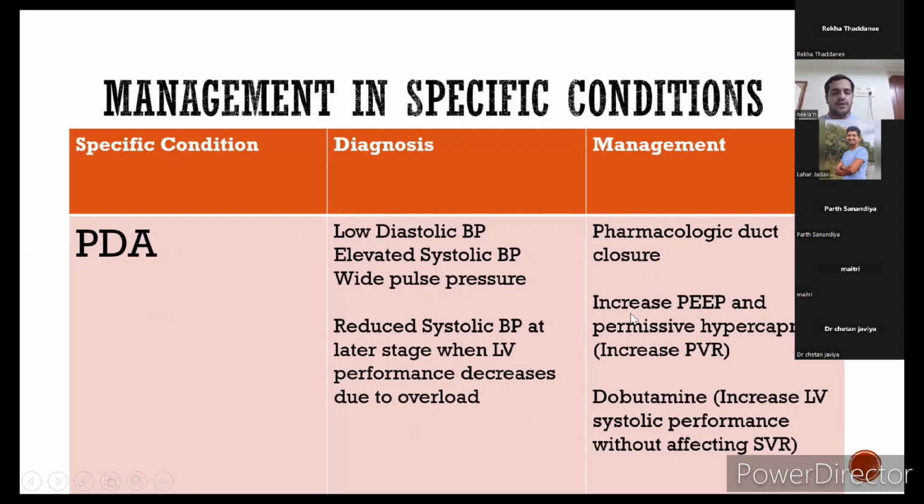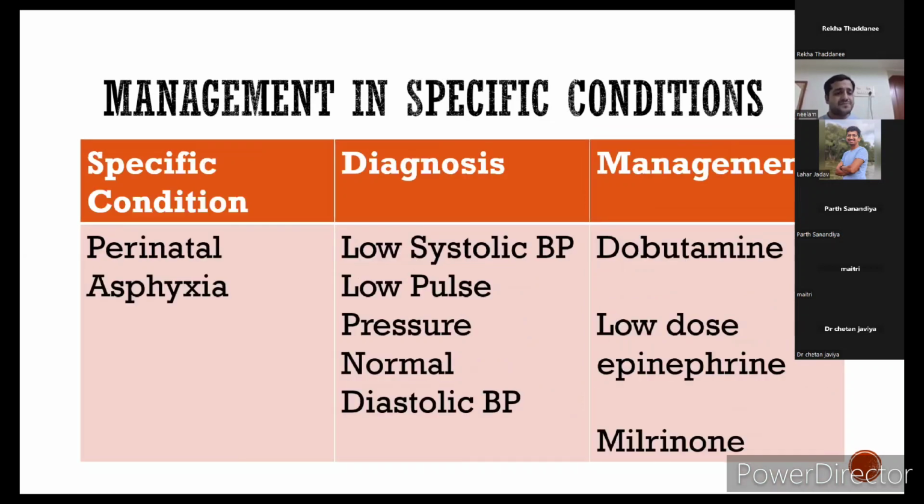If you are keeping the baby on CPAP or ventilator, increase the PEEP from 4 to 5 or 6, because increased PEEP will increase the pulmonary vascular resistance. It will decrease the shunting happening at the level of the PDA. And if you feel that your LV is failing and you need an inotrope, then dobutamine is the drug of choice because it will increase the systolic performance of the failing left ventricle.